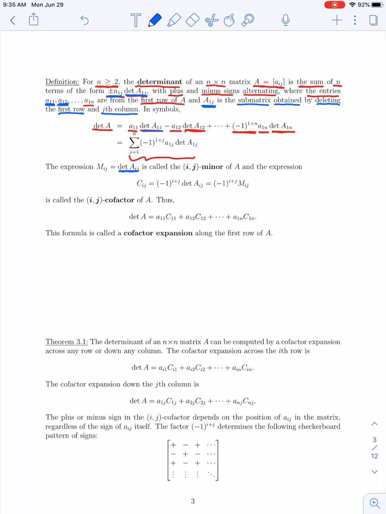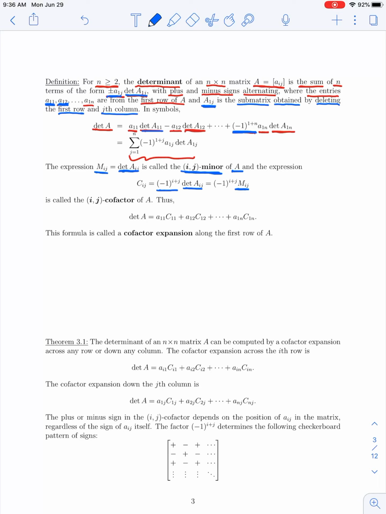The determinant of a submatrix, say A sub ij, is denoted as capital M sub ij, and is referred to as the ij minor of the matrix A. Now, those minors are then being multiplied by a term of the form negative 1 to the i plus j power, so that our signs are alternating.